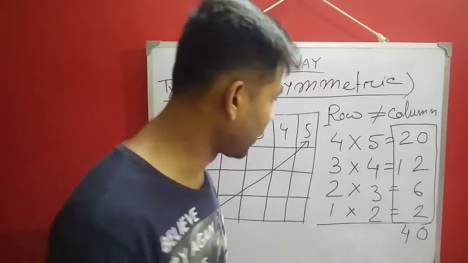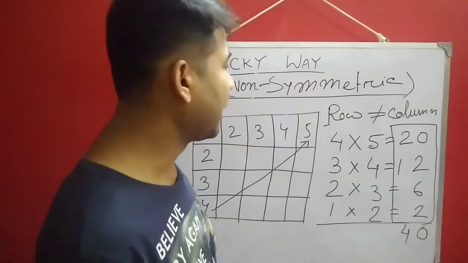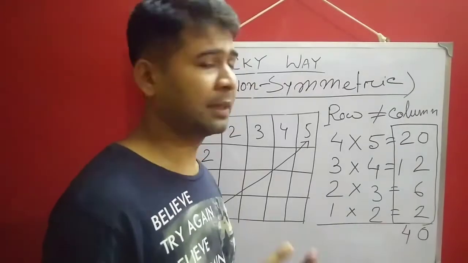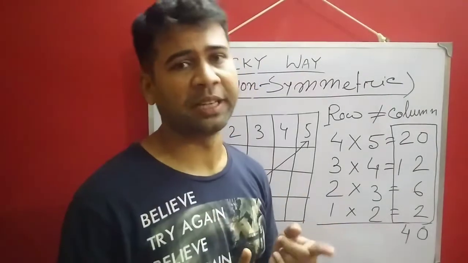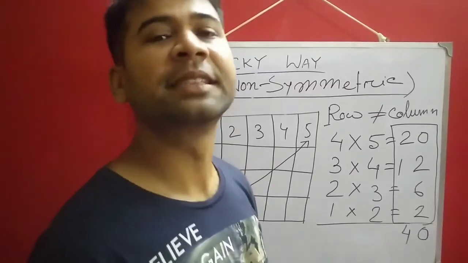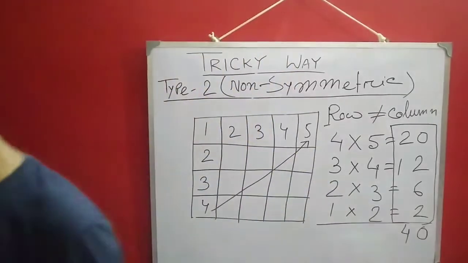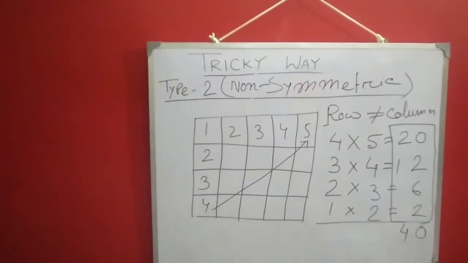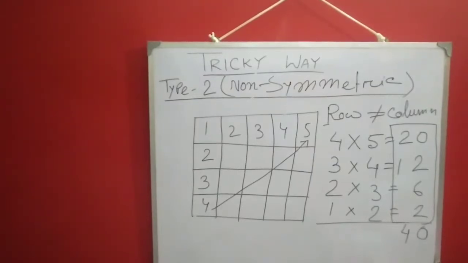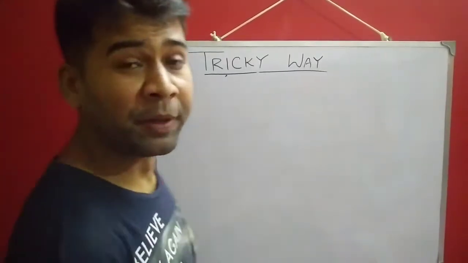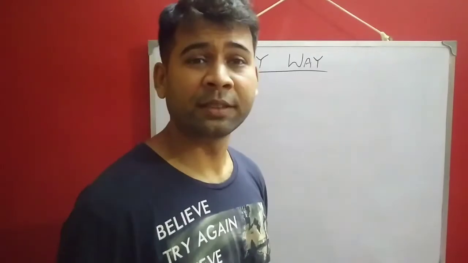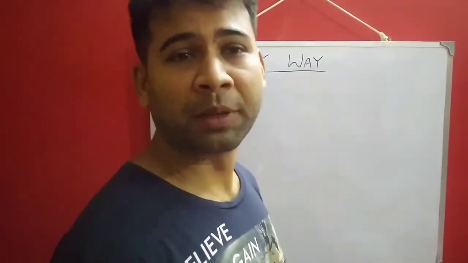Is it clear? Okay. Then I am going to discuss the exact scenarios which we have faced in our examination. Before going to the original scenario, you have to remember something.